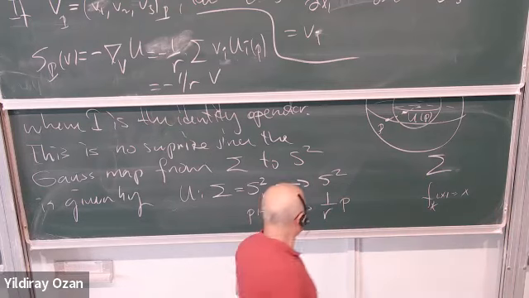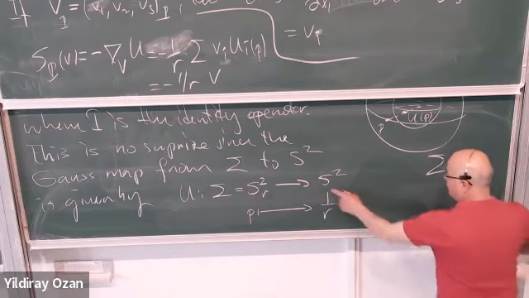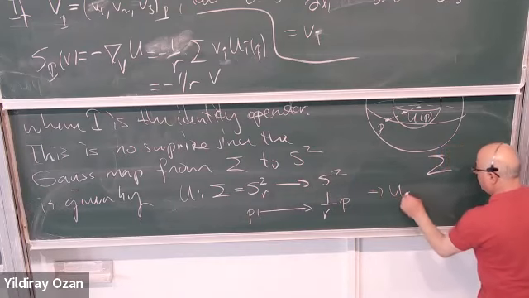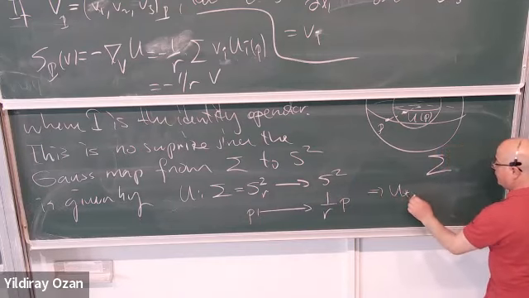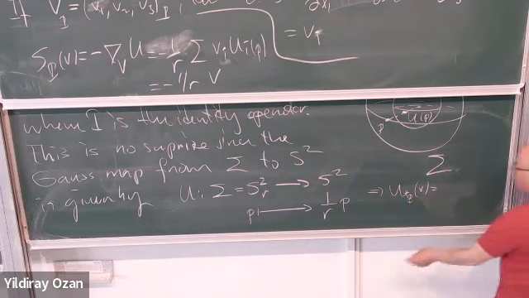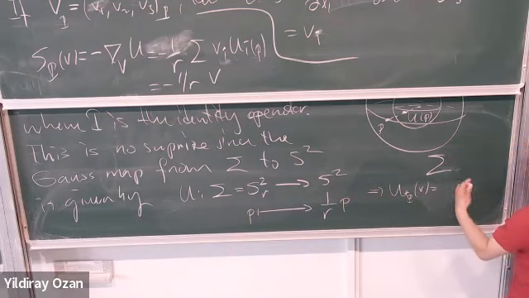So, since this is basically the identity map, U star at P along a vector V is just the derivative of this map, which is 1 over r times identity.